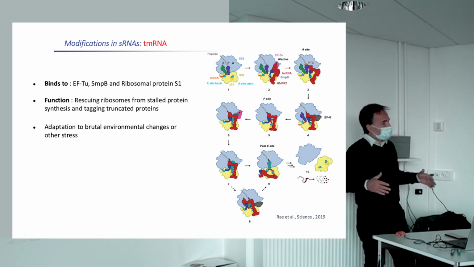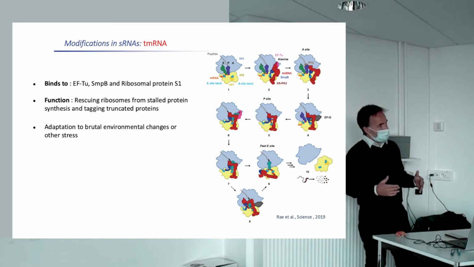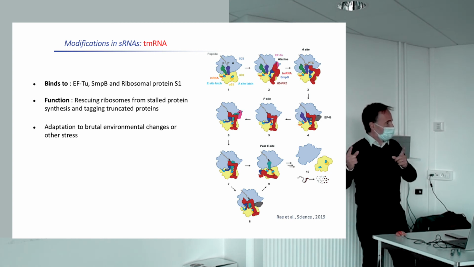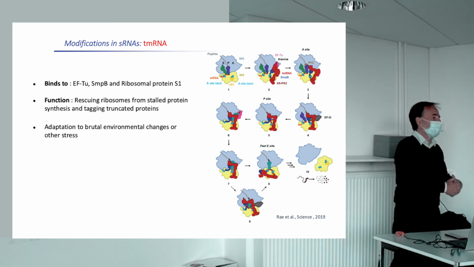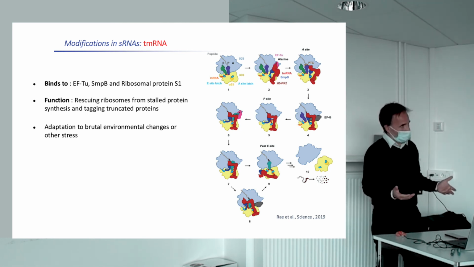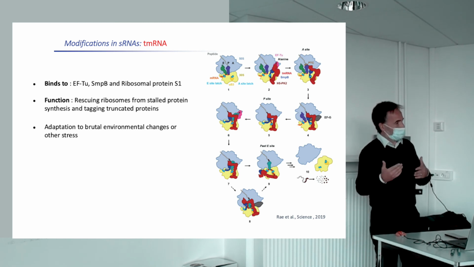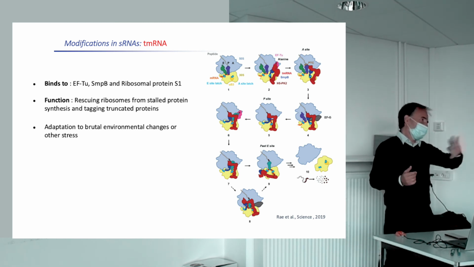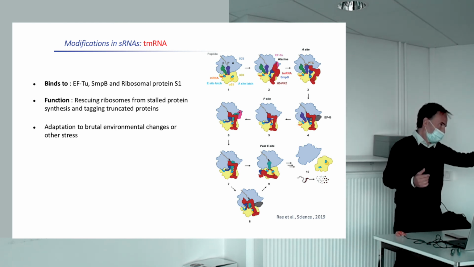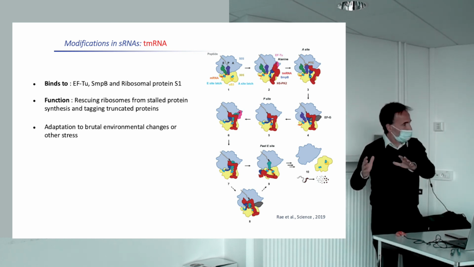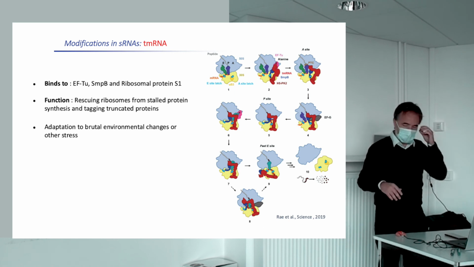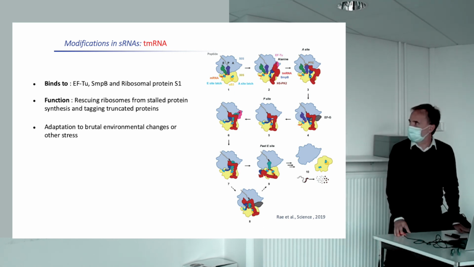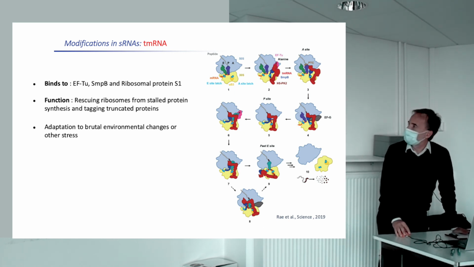And so you rescue translation, and on top of that you are adding a C-terminal peptide with a specific sequence that targets the protein for degradation. So you remove two problems at the same time. You free the ribosomes, they are not anymore blocked, and you remove these aberrant proteins that are truncated proteins by tagging them with this C-terminal sequence.